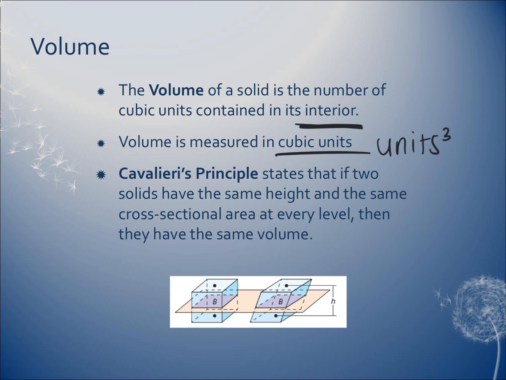And then there's something called Cavalieri's principle. Cavalieri's principle states that if two solids have the same height and the same cross-sectional area at every level, then they have the same volume, okay?